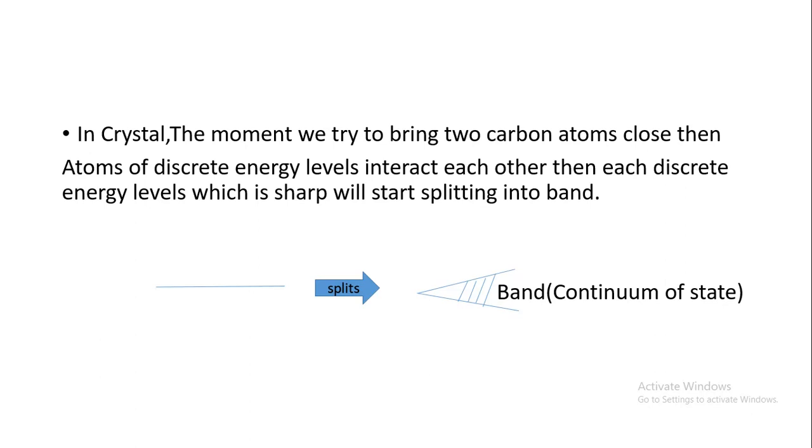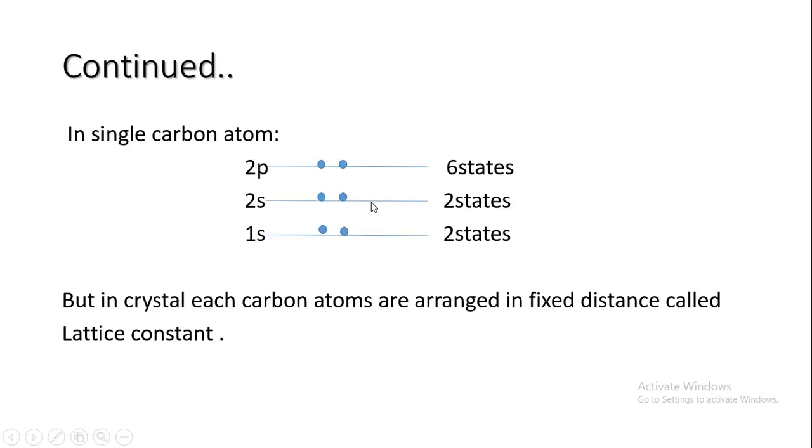So in a crystal, the moment we try to bring n number of carbon atoms together, the atoms have discrete energy levels. You can see, guys, these are the discrete energy levels. In 1s there are two states, this is one energy level, and the energies are discretized here.